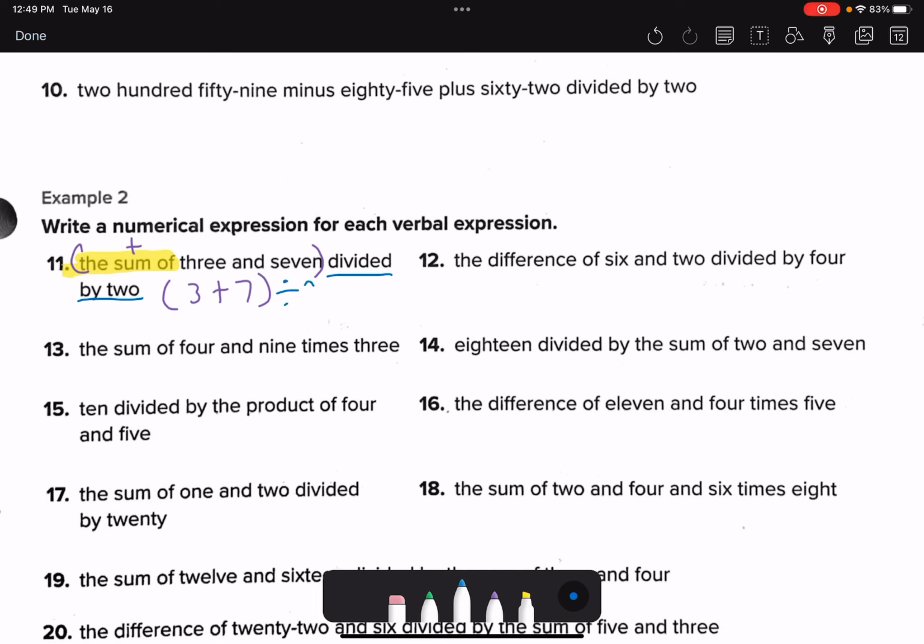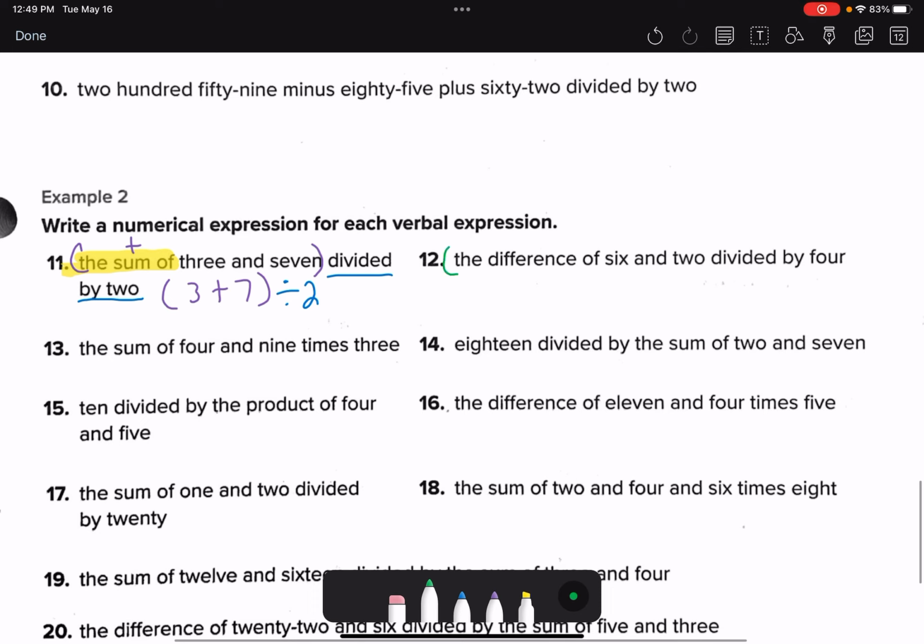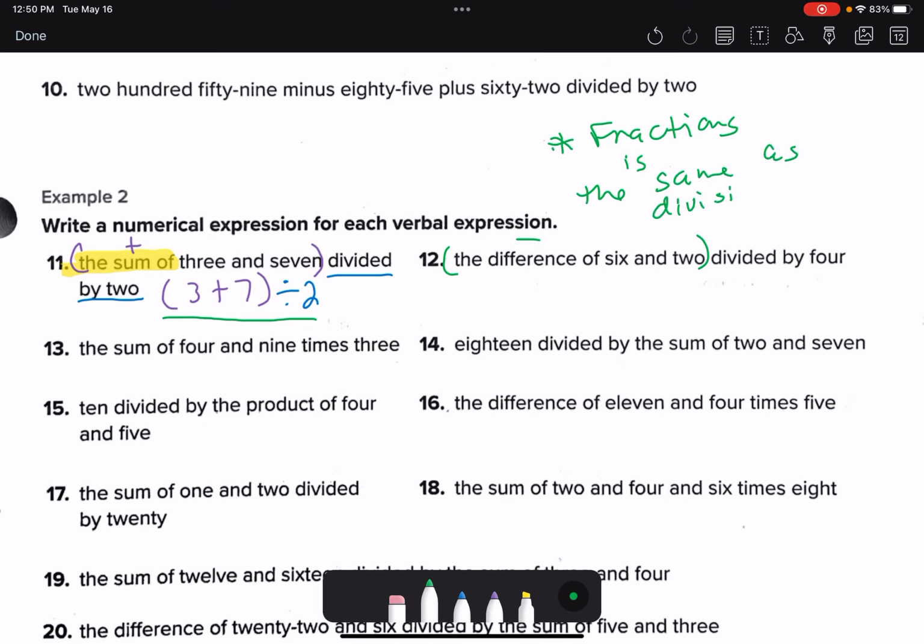So divided by 2. Now over here, I'm going to do this slightly differently. It says the difference of. So that phrase, the something of, indicates what? Parentheses. The phrase difference means subtraction. We're going to be subtracting. And so I'm going to write this out a little bit differently. I want you to watch. So you can do grouping when it looks like this, but something you're going to hear me say a lot is that fractions is the same as division. Fractions are just division.